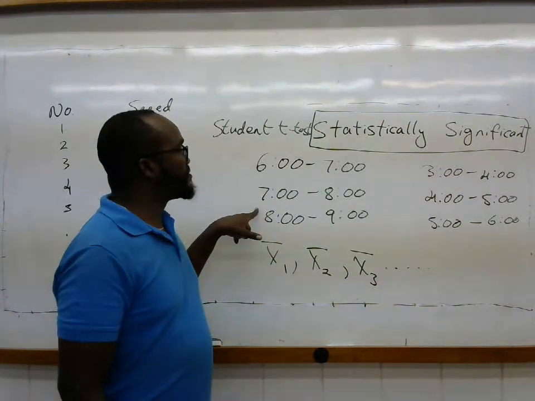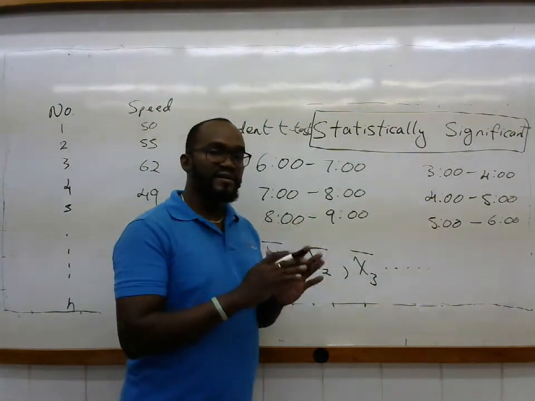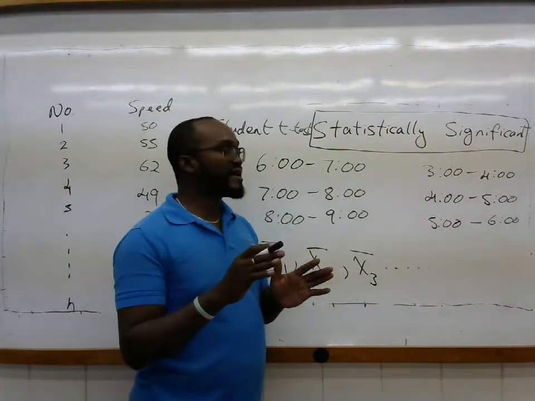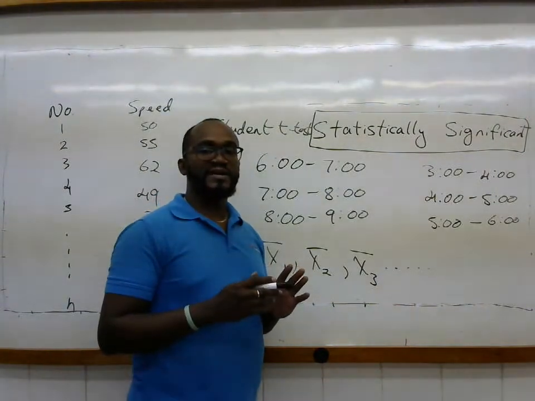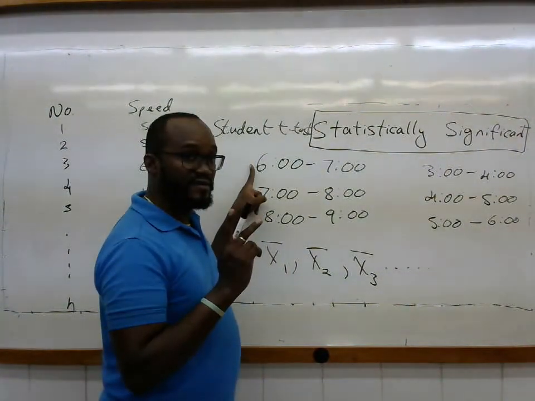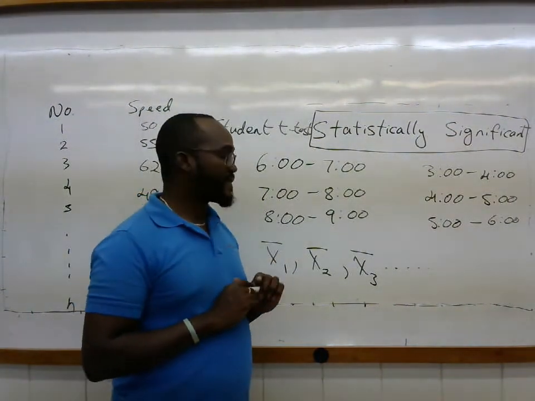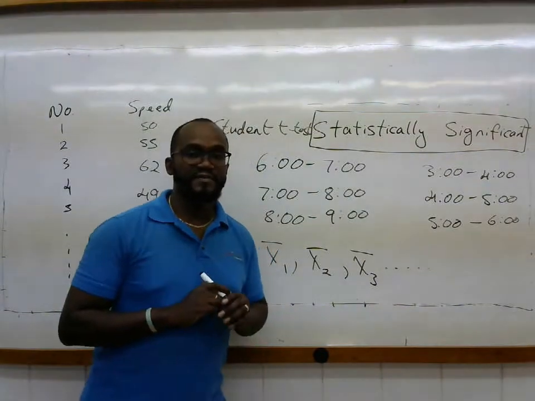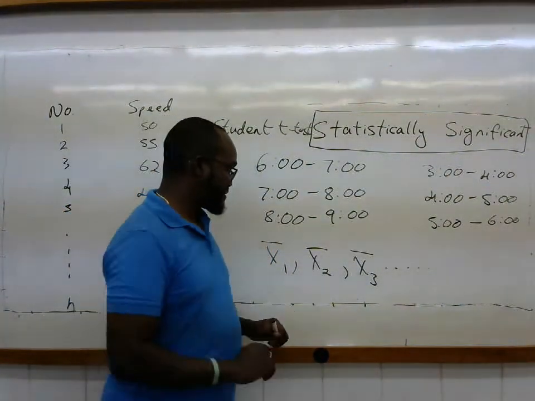Once you complete those, we run our statistical analysis, make comparisons with statistical values from the student t-test tables, and make a pronouncement as to whether the speeds are significantly different statistically from one period to the next. And that about wraps up our speed study analysis.